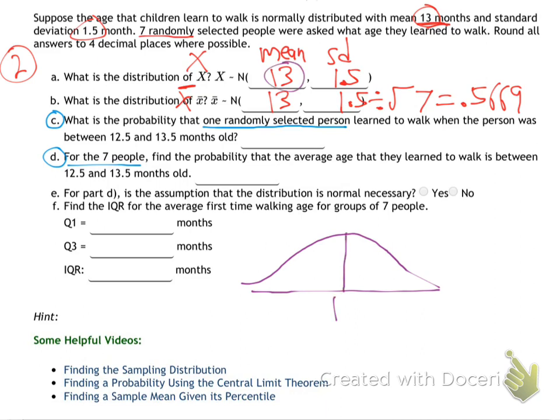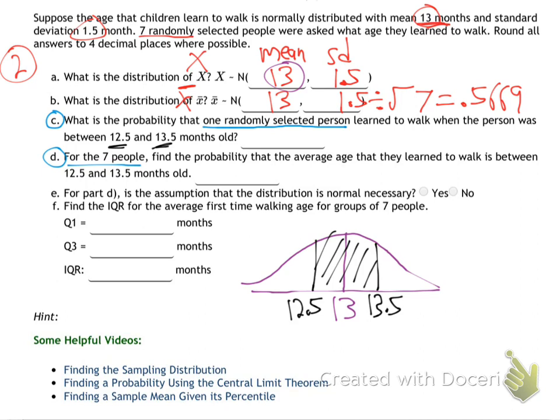Mine is 13. And they're asking between 12.5 and 13.5. So 12.5 over here, 13.5. They want the area in between. They're not giving me an area, there's no area number up in the top there. They're asking me for the area.